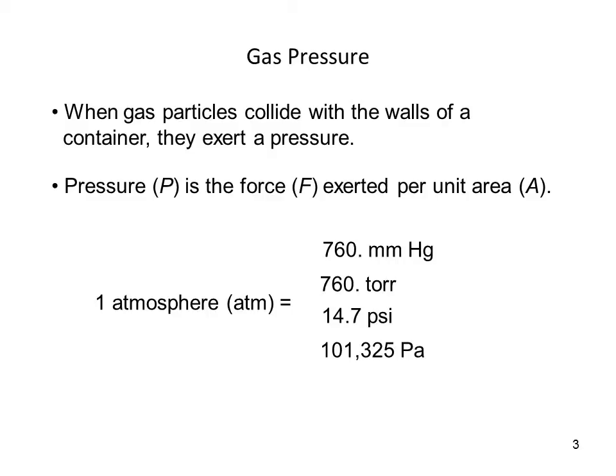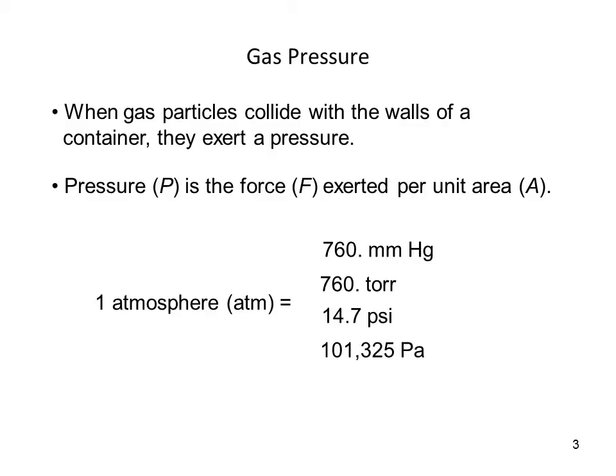We measure this pressure with several different types of units. The units that we're going to be actually using are atmospheres, millimeters of mercury, and torr. PSI is a pressure, but that is an English method of pressure. PSI stands for pounds per square inch, and we do not use pounds per square inch anymore.